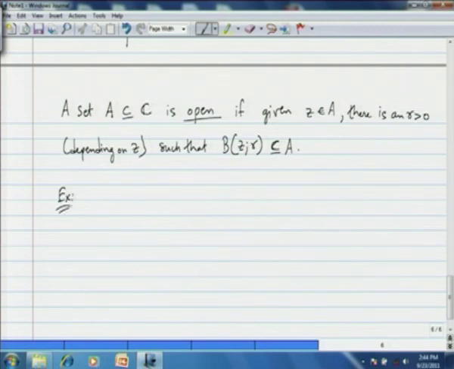Our first example is that the ball B(A, R) is itself an open set.